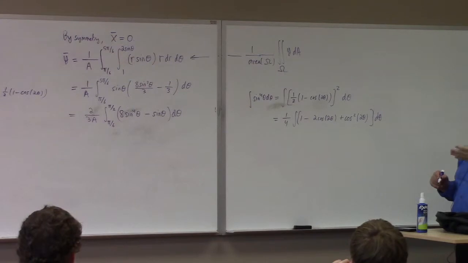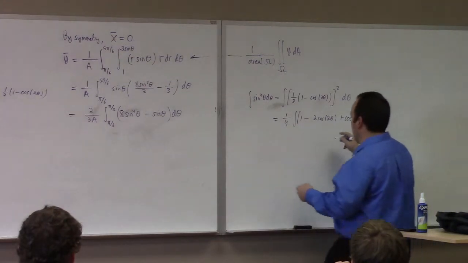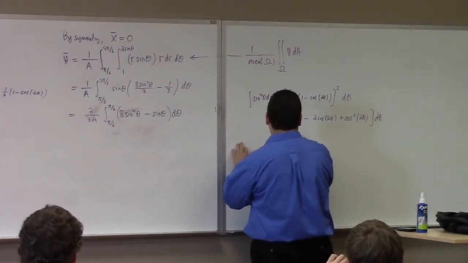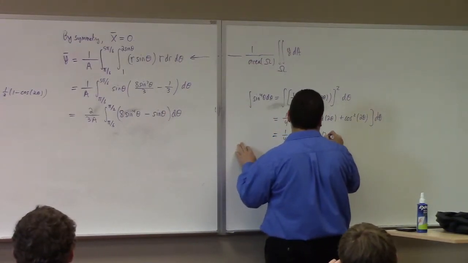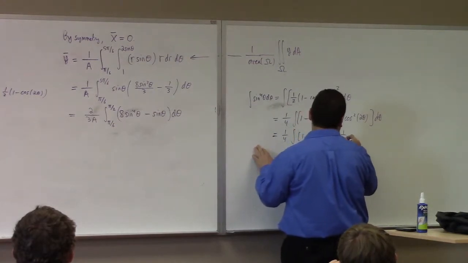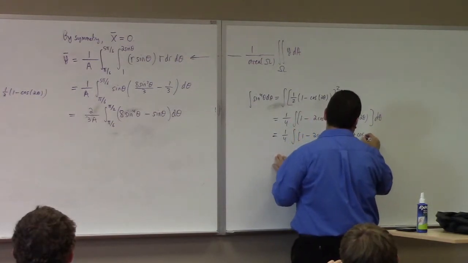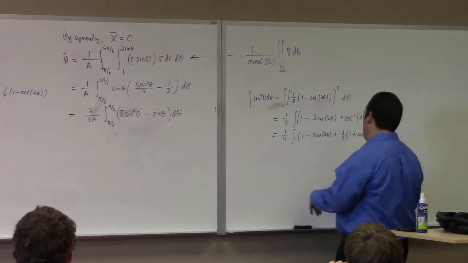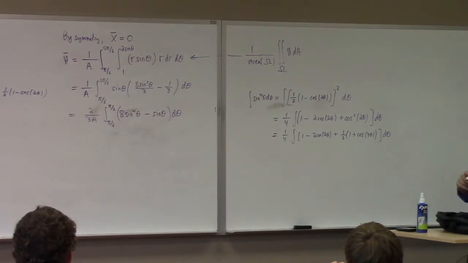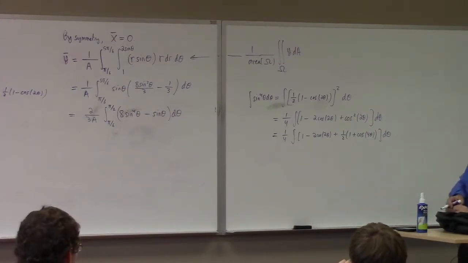And then we do a half angle again on that. So I've got 1/4 integral of 1 minus 2 cosine 2 theta plus 1/2 of 1 plus cosine of not 2 theta but 4 theta d theta. And then you can integrate that, right?